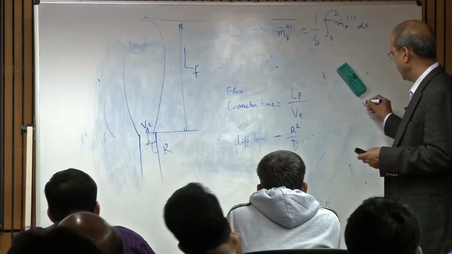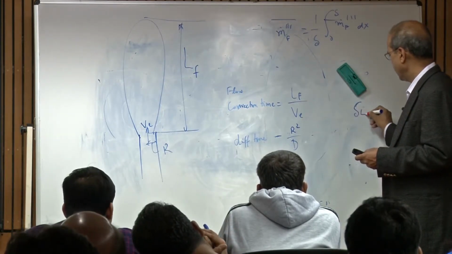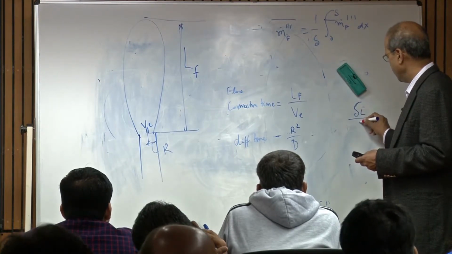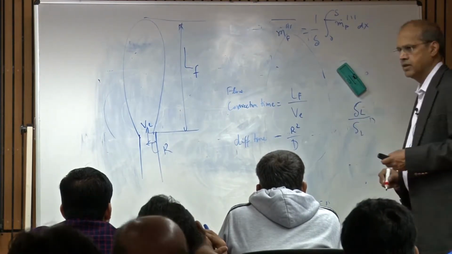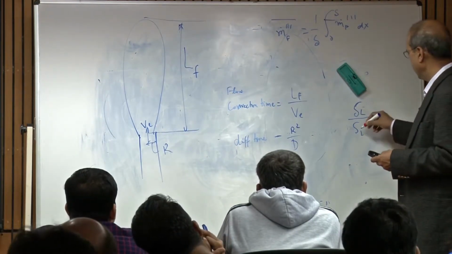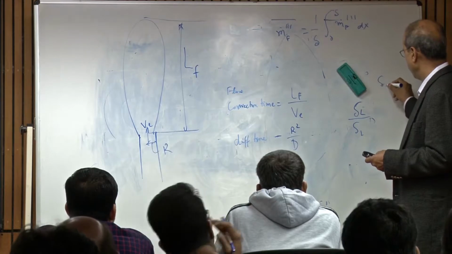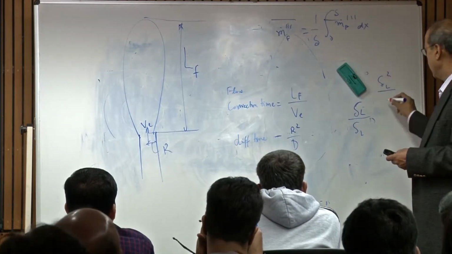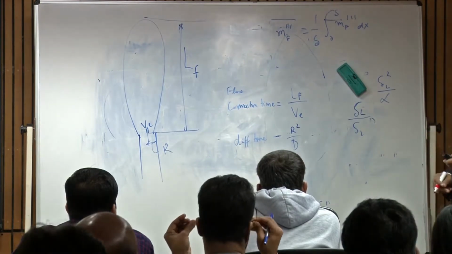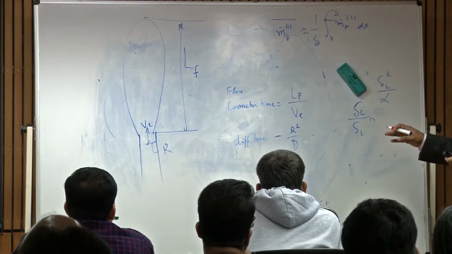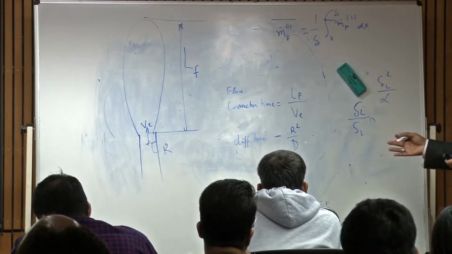This was the flame thickness divided by S_L. Or for the diffusion time we used S_L squared divided by the thermal diffusivity. So it's very similar. Just have to use the right length scale and velocity scale.